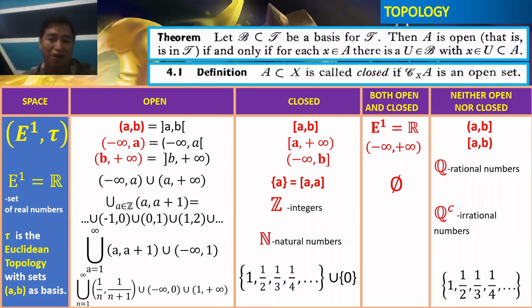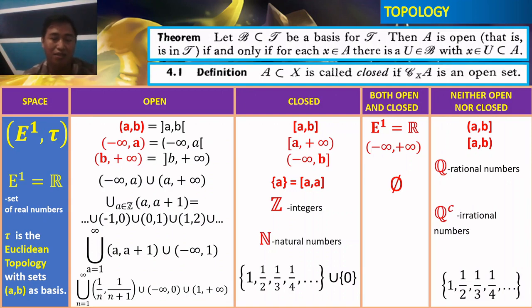Okay, next, the complement of our set from negative infinity to a, that is, excluded ang a anang. So, including na dayon ang a to positive infinity, ang complement. Kanang second example sa atong closed. And then, our third example, that is from b to positive infinity.